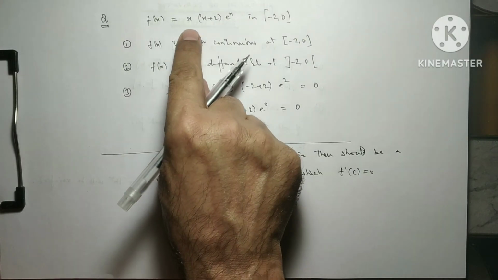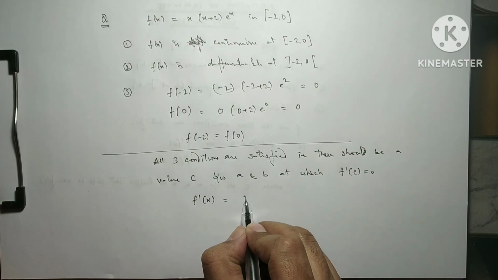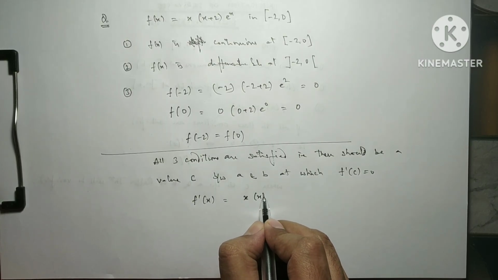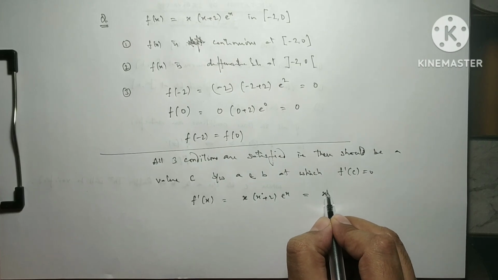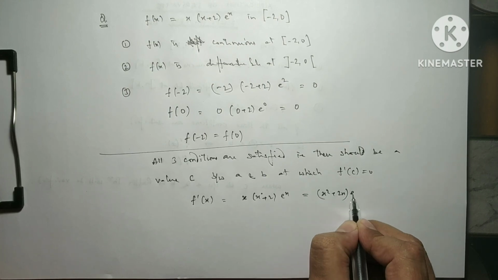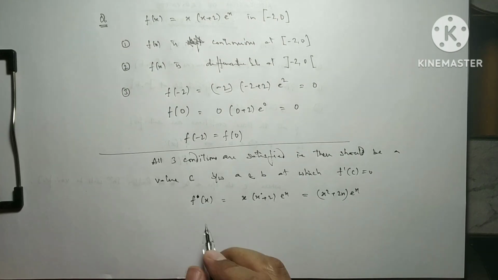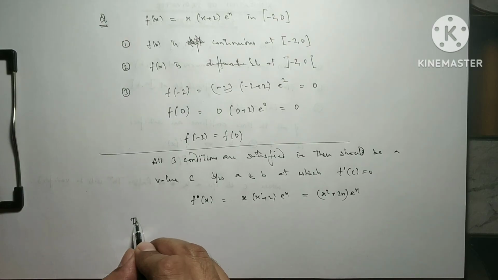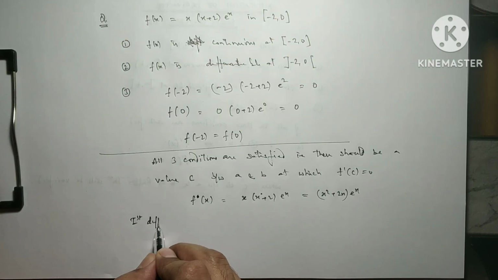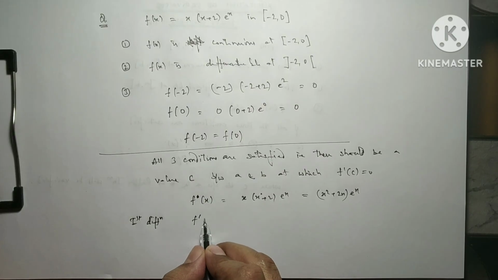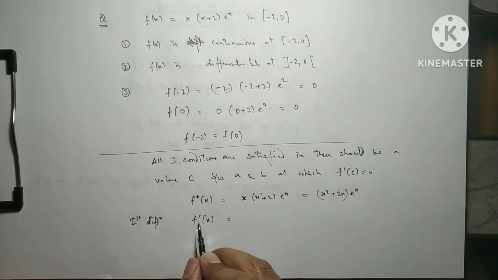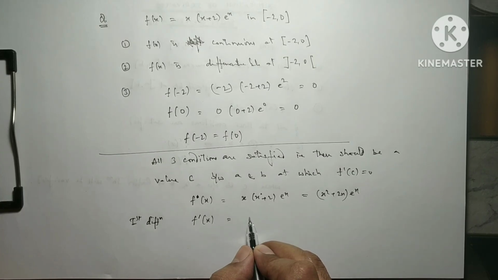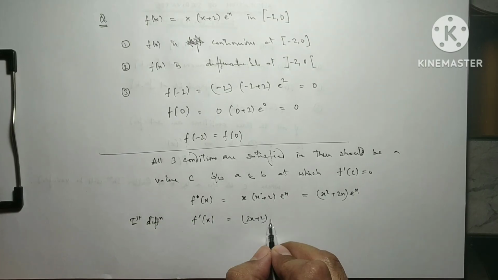So the first derivative of the function: f(x) is (x² + 2x) e to the power x. So now on differentiation, we first differentiate the first part, so it will be (2x + 2) and e to the power x as it is.